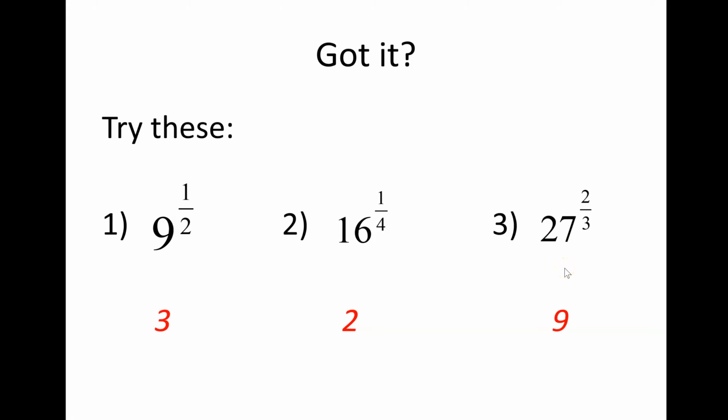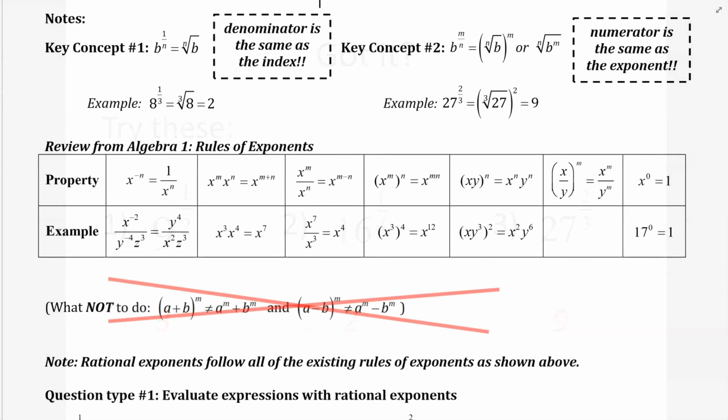Okay, so let's head to our outline. There are 2 key concepts covered in that PowerPoint. The first one is the idea that a rational exponent is none other than just a root. A 1 over n power is basically the same thing as an nth root. Here I have an example, 8 to the 1/3 power.